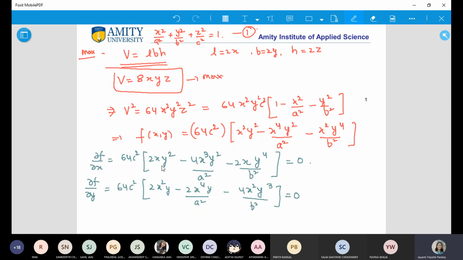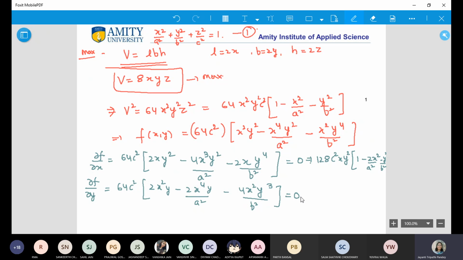Now when you equate this equals to 0, if you see xy square is common, so I'm simplifying this. 2 is also common, so if I take out 2xy square, it will be 128 c square xy square, and what is inside? 1 minus, here you will get 2x square upon a square minus y square upon b square.